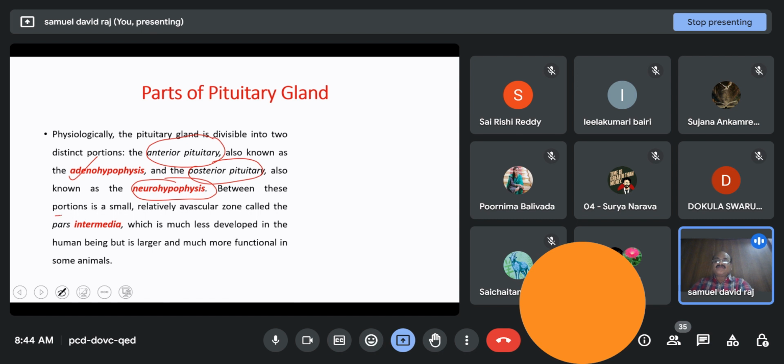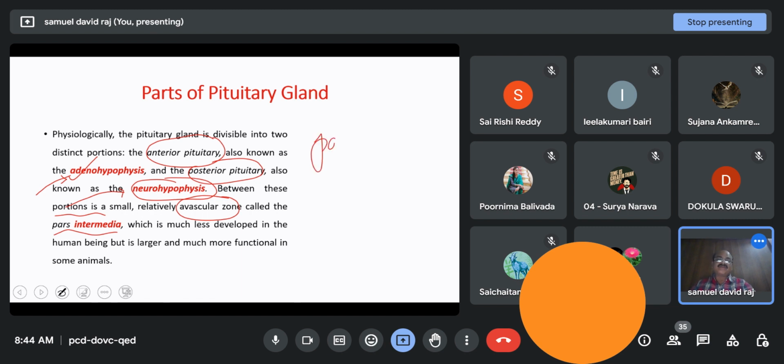Between these portions, there is a small area which is avascular, that means it is not supplied with any blood supply. Adenohypophysis receives blood supply, neurohypophysis also receives, but not the intermediate. So this avascular zone is called pars intermedia.